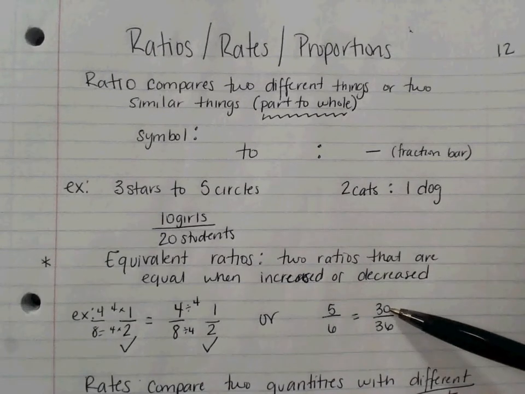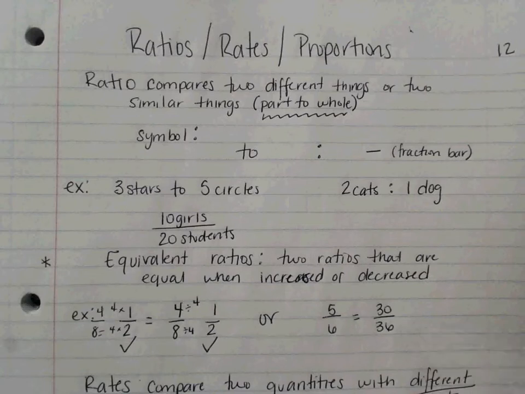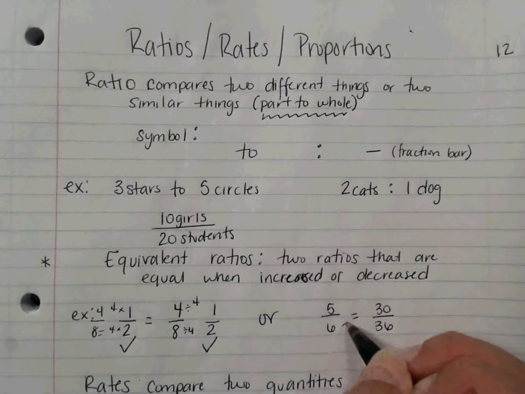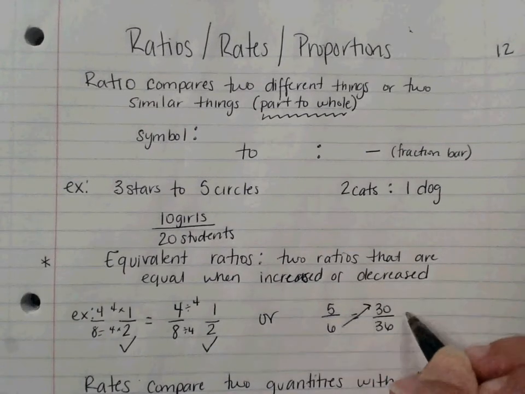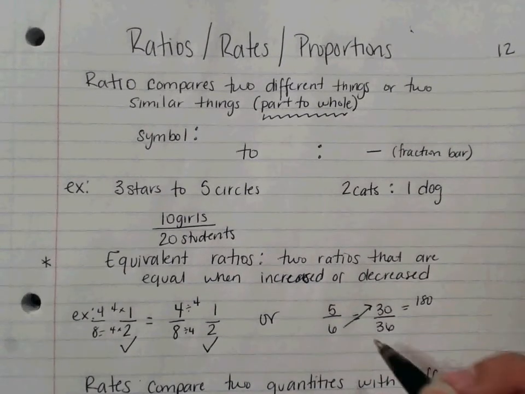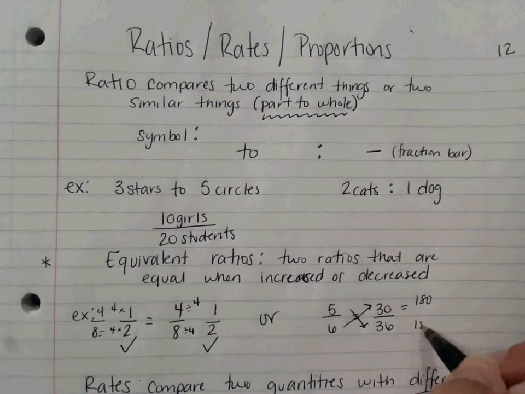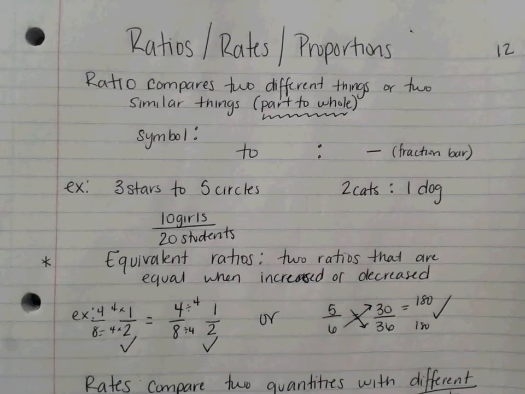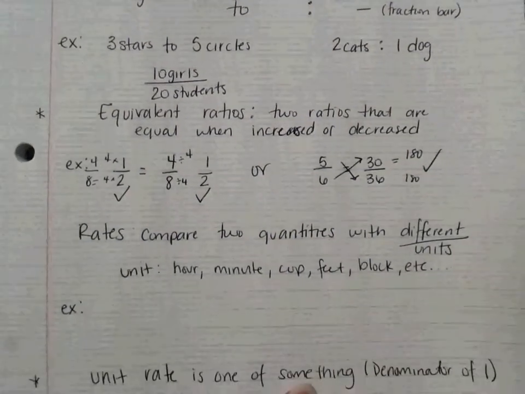If I divide this by 6, I get 5. If I divide this by 6, I get 6. Or you can cross multiply. And you can say that 6 times 30 makes 180. And you can say 5 times 36 makes 180. And since those 2 numbers are equal, they are equivalent. So you can cross multiply, or you can reduce or increase.